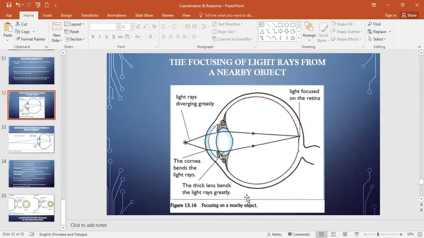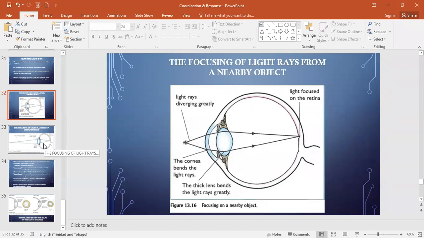So your lens, sorry, needs to become wider in order to effectively bend the light rays so that they reach the retina itself. And this is what happens when you are focused on a nearby object, because the light rays are divergent, they are moving away from each other.